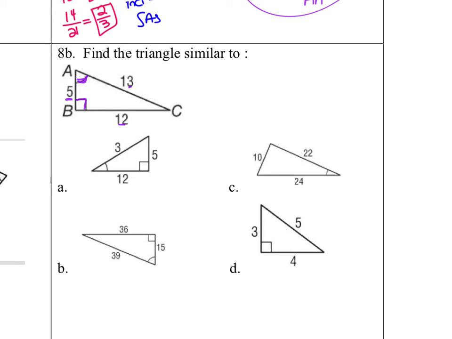Okay, notice that this mark of congruency is between the 5 and the 13 lengths. Okay, so when we're going through our options, we have a right angle, yes, 5, 12, and 3, all right? So 3, I can tell you right now, is not proportional, okay, to 13. So these two are congruent, but then the other side is not. So option A will not work out.